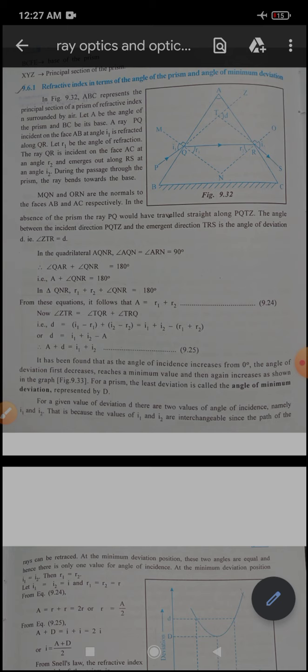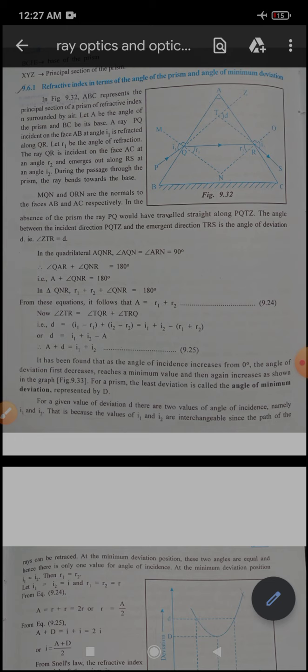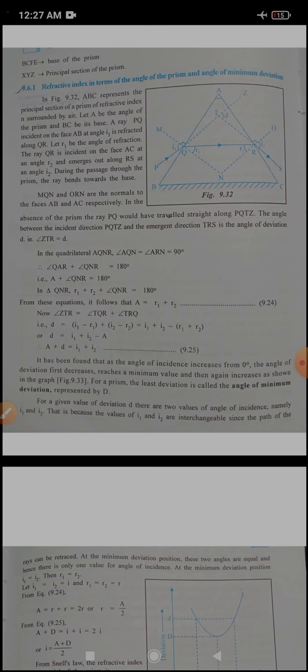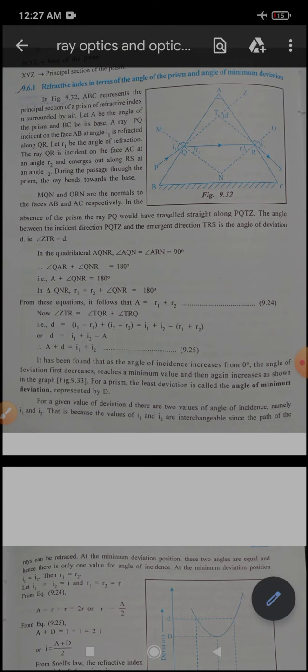We know that ZTR is equal to D, so in the place of ZTR, substitute D. TQR is equal to I1 minus R1, the first incidence angle minus the first refracted angle, and TRQ is I2 minus R2.